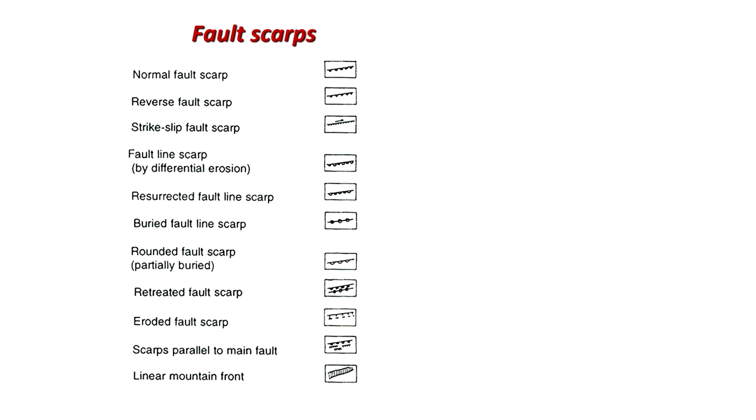If you take up the geomorphic symbols, then you will see this type of symbols are used for different types of faults in different environments, either reverse, normal or strike slip, and that can be demarcated with such symbols.